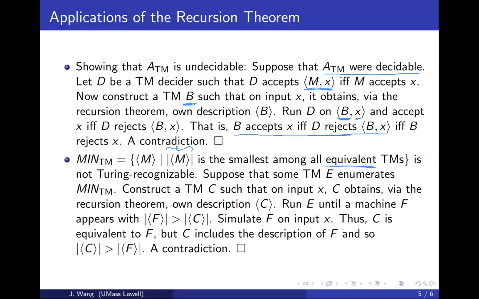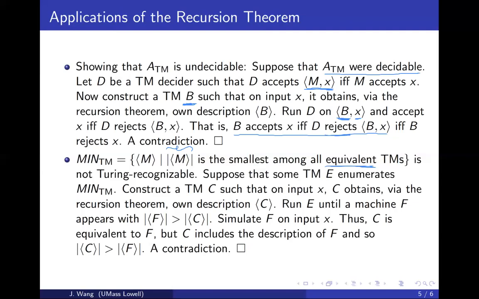Suppose that this MIN sub TM is Turing recognizable. That means we have an enumerator, which is a Turing machine E, that enumerates every element in this MIN sub TM.